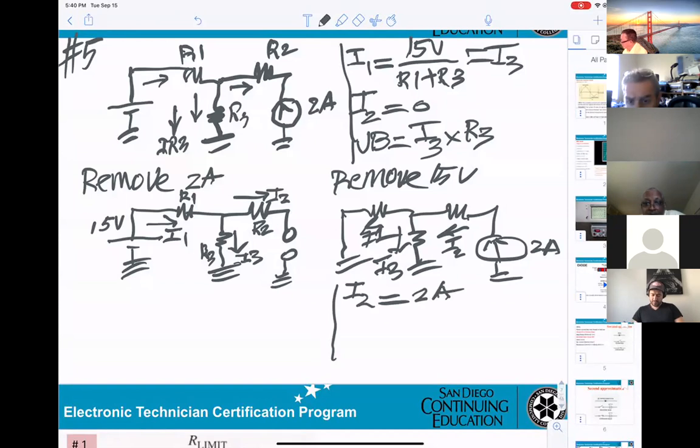And now if you want to calculate I1 using the current divider, I1 equals 2 amp times R3 divided by R1 plus R3.